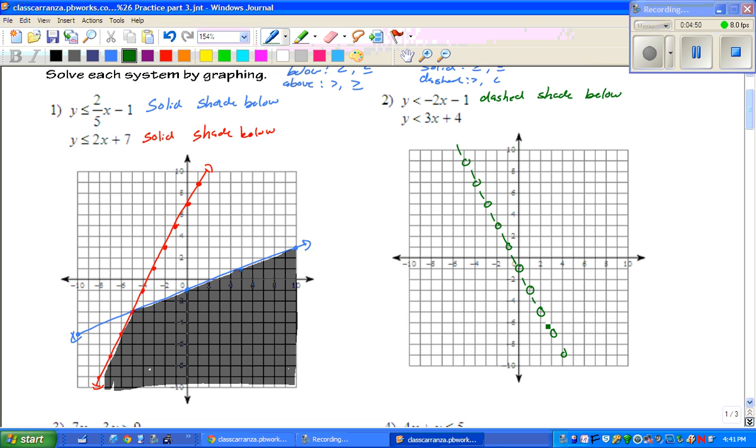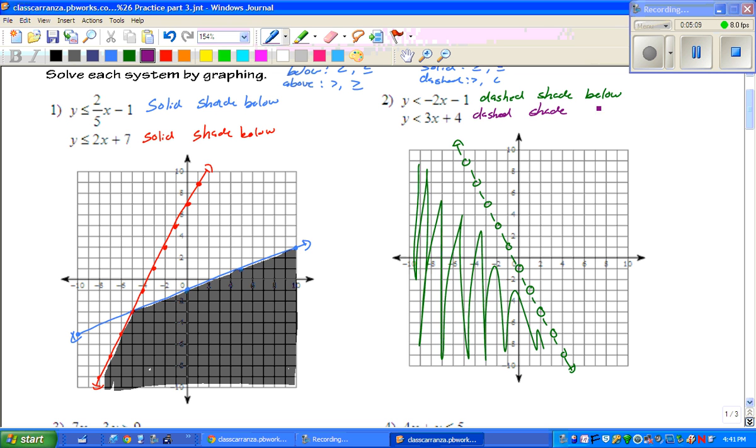Make your little dashed line. And then I would shade everything below that.